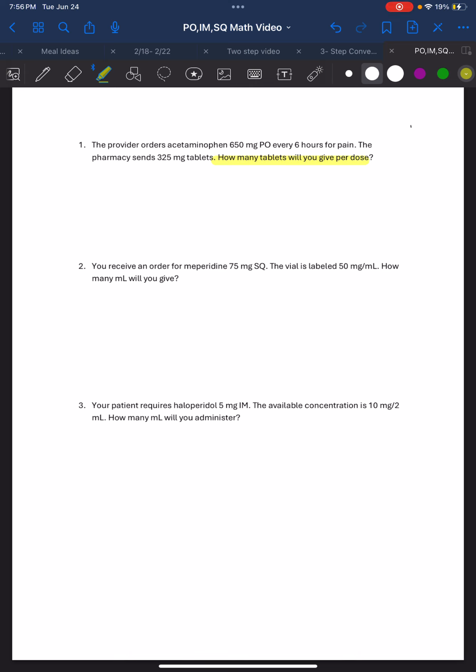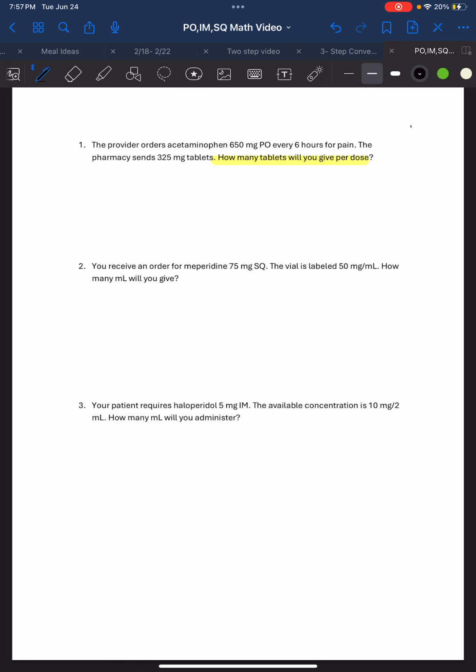So I want to read the question over because we figured out what it's asking. Usually the question is asked at the end of the sentence. The provider orders acetaminophen 650 milligrams PO every 6 hours for pain. So we know they're getting a dose every 6 hours.